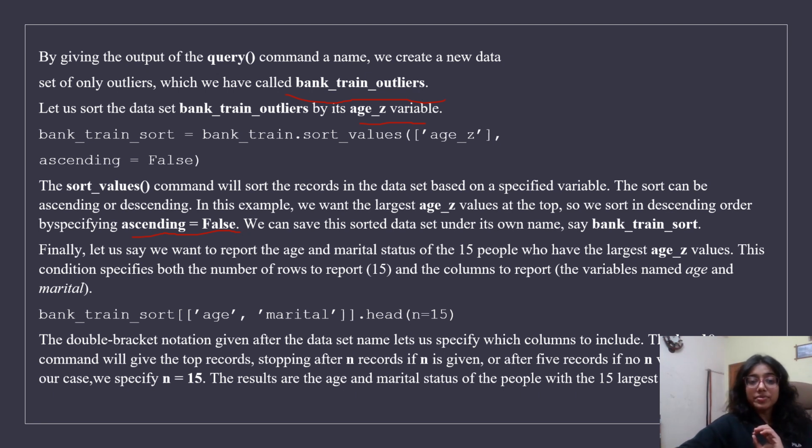So we have given bank_train_sort, and the columns age and marital, where head n, that is the number of rows, is equal to 15. The double bracket notation given after the dataset name lets us specify which columns to include. The command will give the top records, stopping after n records if n is given. So it will stop after 15.